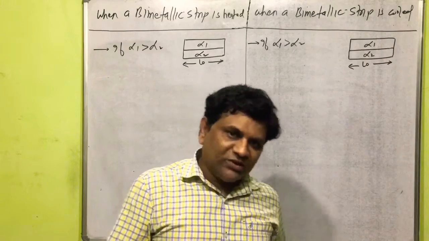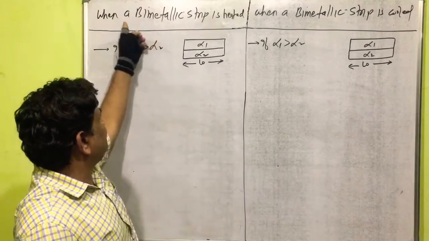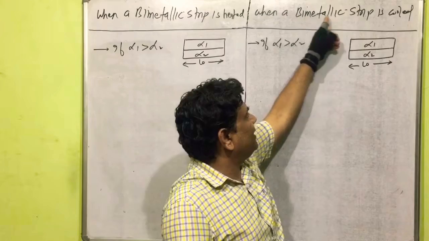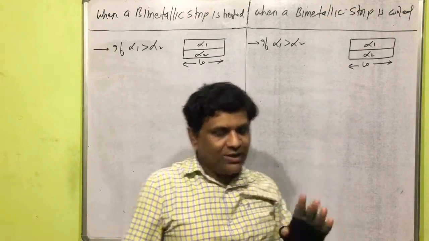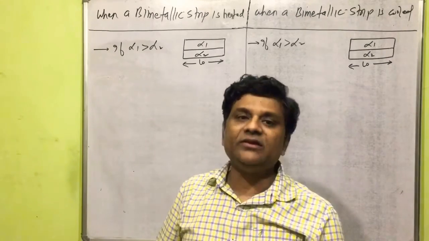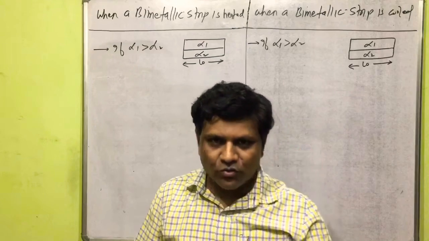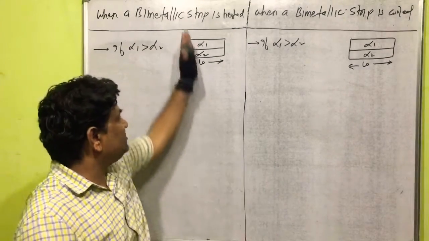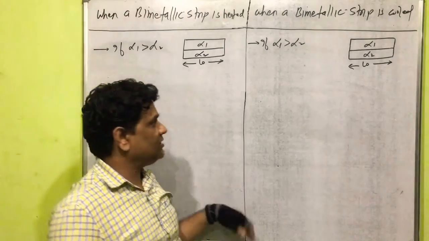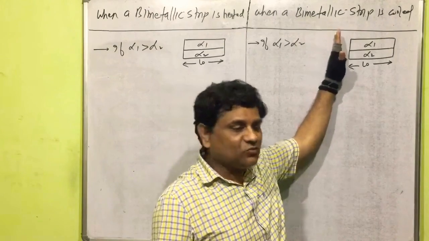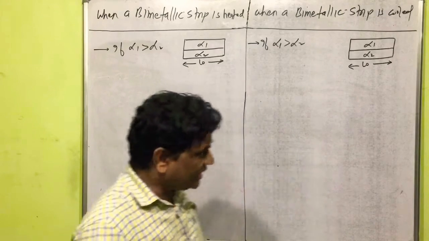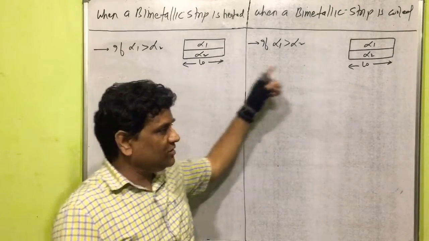Now we have taken two conditions. One condition when a bimetallic strip is heated and the other condition when a bimetallic strip is cooled. As you know, a bimetallic strip may be heated or may be cooled. So when a bimetallic strip is heated, we are taking it on this side. When it is cooled, we are taking it on the other side. Now, we have taken two diagrams on the board here.